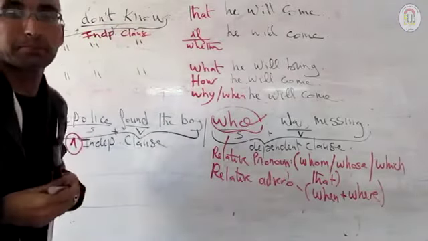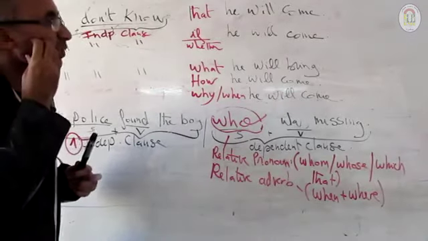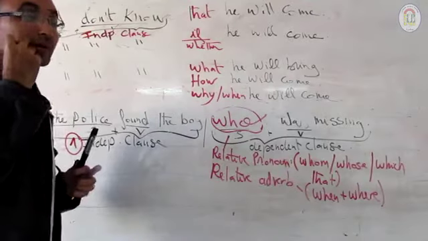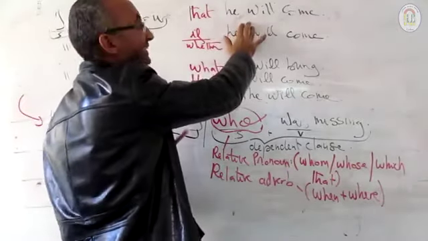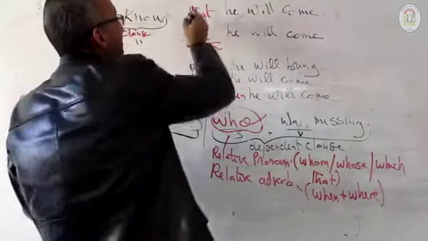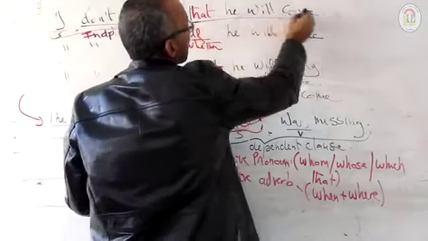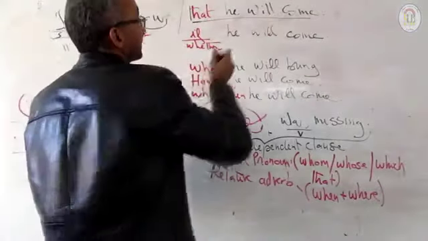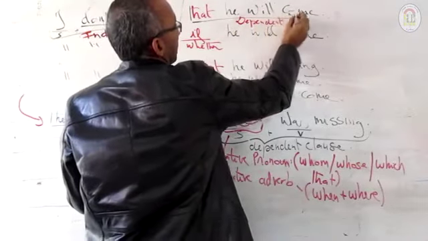That he will come. What will happen? Now here, this one lacks meaning. It's incomplete. That's why it is my dependent clause.